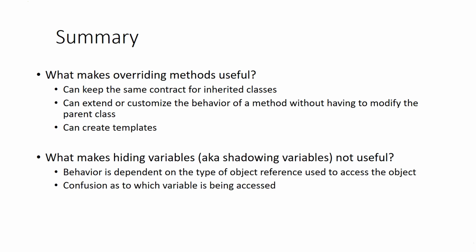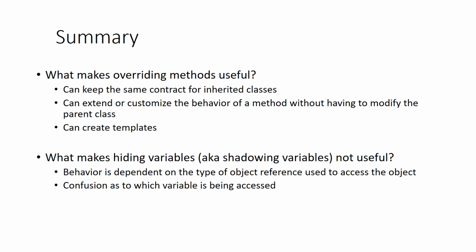And that sort of thing can cause confusion, because if you again go back to the array example, where you have an array of parent class objects, with animal, you wouldn't necessarily get the same results if you operated on that array than if the object reference was of the type cat. So I can't personally think of a good use for hiding or shadowing variables, especially because of all the inconsistencies that it can cause.